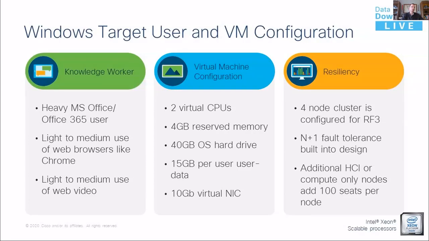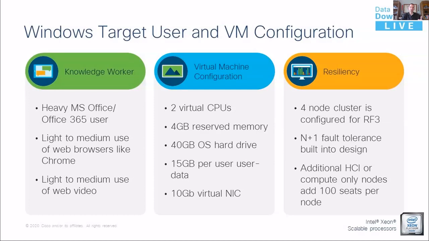And then we also offer the ability to scale the compute resources or the hyperconverged resources within those clusters with 100-seat add-on nodes, if you will. So we do have compute-only nodes and hyperconverged nodes that are included as additional bundle options with the solution.